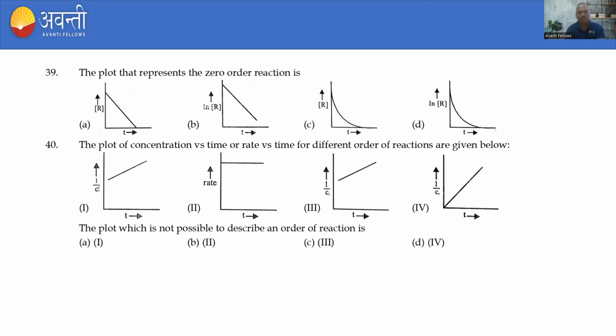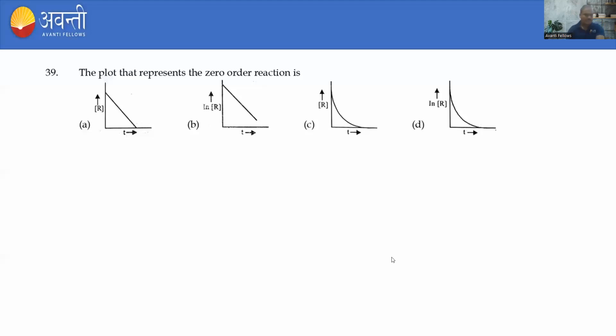Now, move to the next question, that is question number 39. So what is question number 39 basically? In this question, you have to identify the plot that represents a zero order reaction. You all know for the zero order reaction, the plot is like this. We already did this during the integrated rate equation.